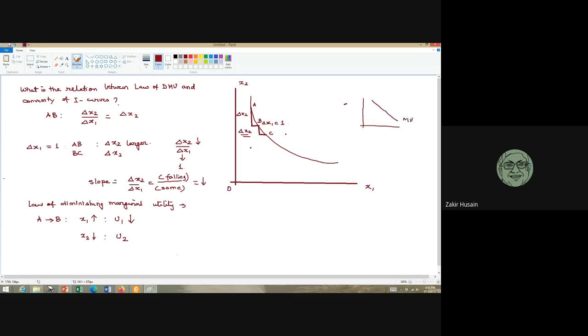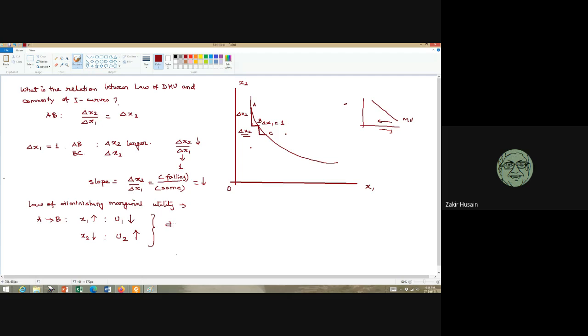If I move like this, what is happening to MU? It is falling. If I move like this, what will happen to MU? Rising. u2 is going to rise. Marginal utility is going to go up. Okay.